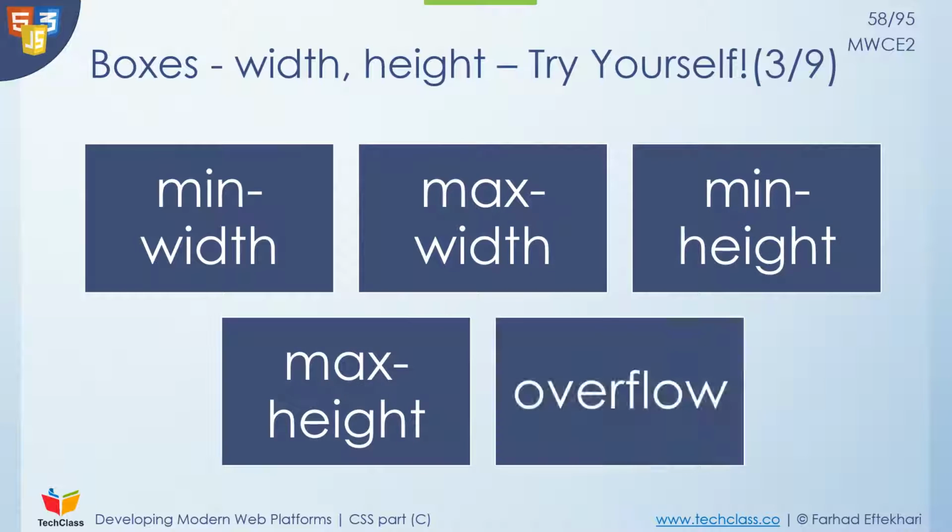Alright, here also some other properties. Now we got to a point that you are already familiar with many nice and fundamental elements in HTML and some very nice and practical concepts in CSS. So you can also try by yourself to see how these different properties work and how you can assign values to them.